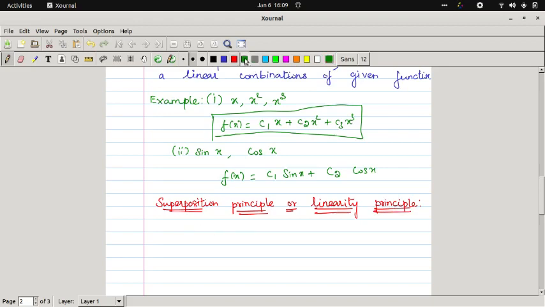The result is very clear. If y1, y2 and so on, ym are solutions of the nth order linear homogeneous equation.